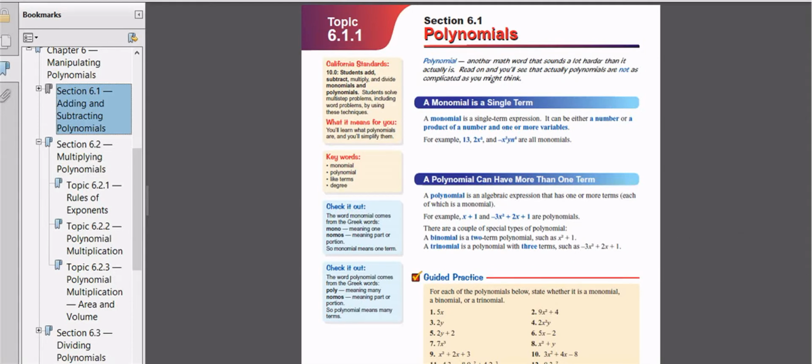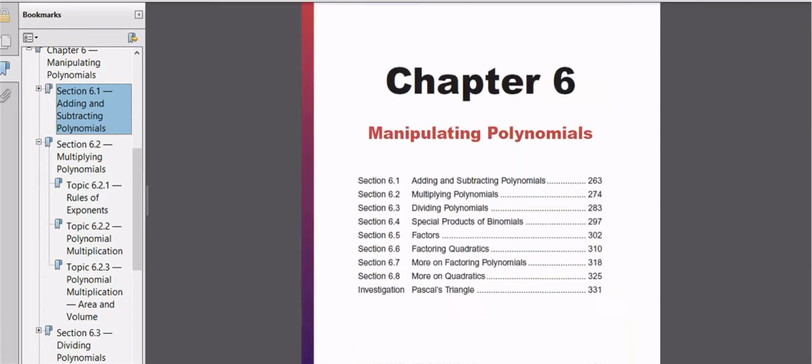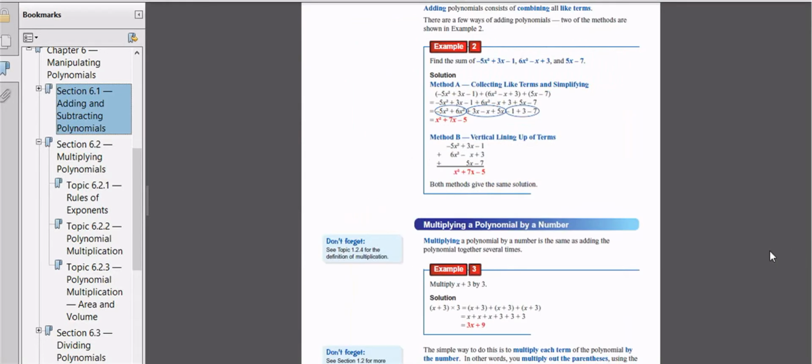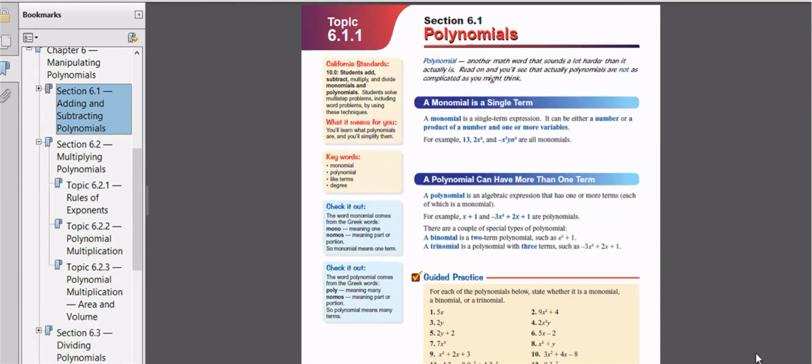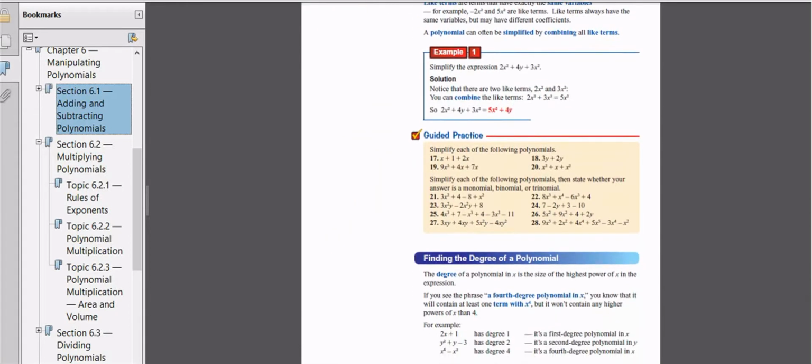What I want to do is just remind you that basically when you're adding and subtracting these polynomials, what you're doing is combining like terms. That's all. You've got to keep it simple, okay, y'all? Remember that saying, KISS, K-I-S-S, keep it simple, silly. I don't like the word stupid, so you won't hear me say that.